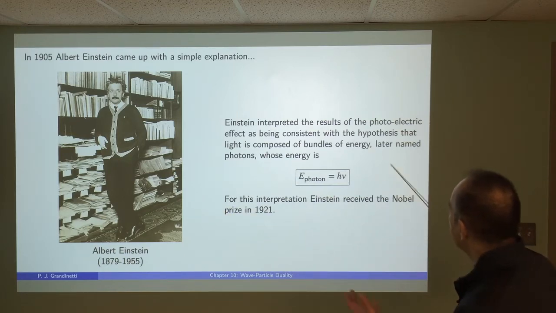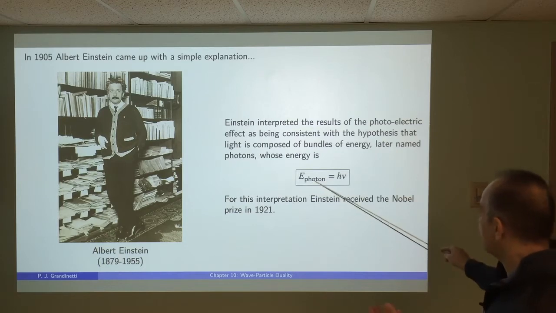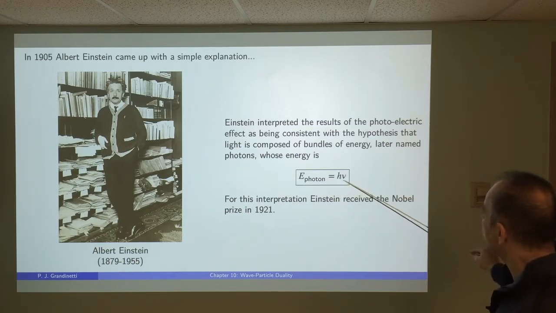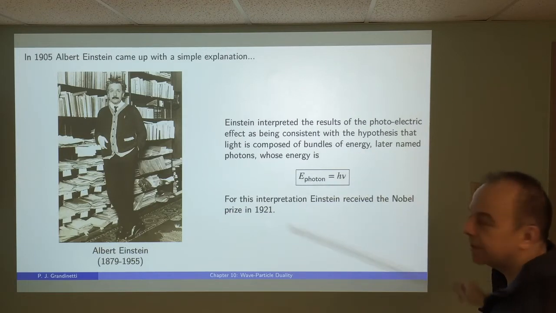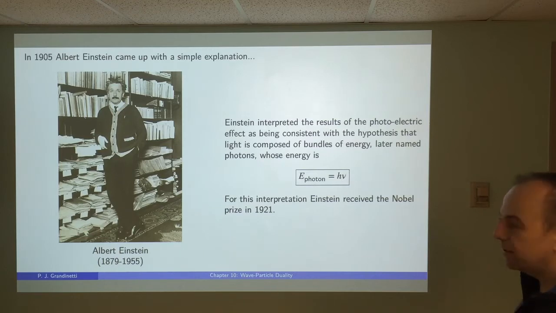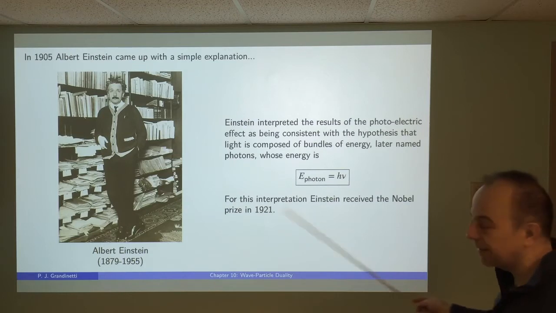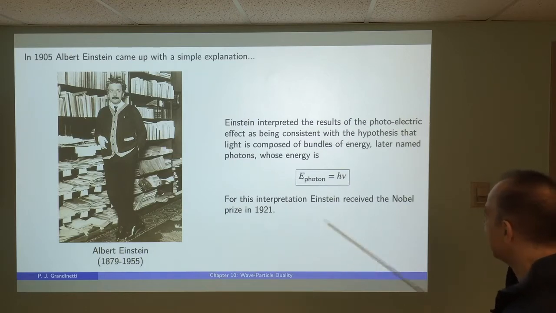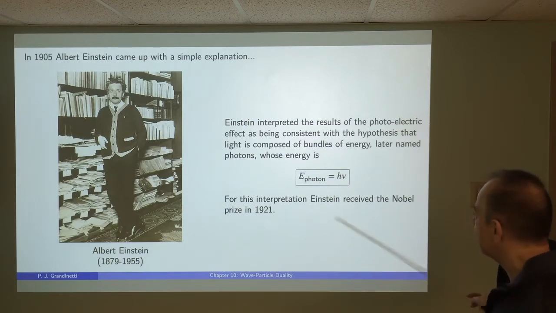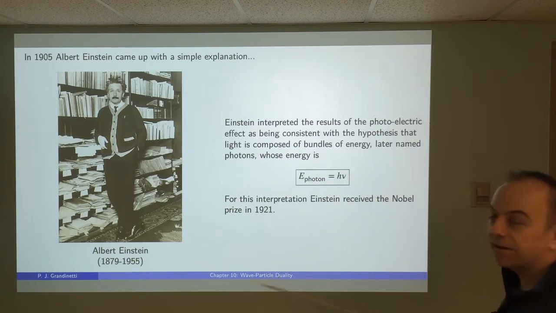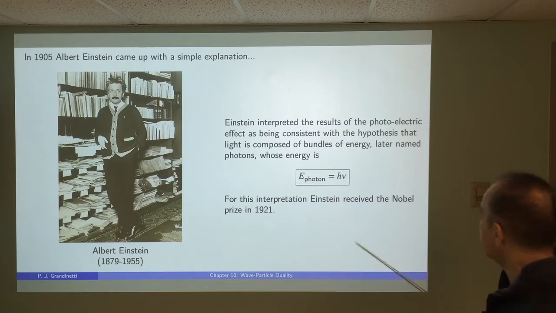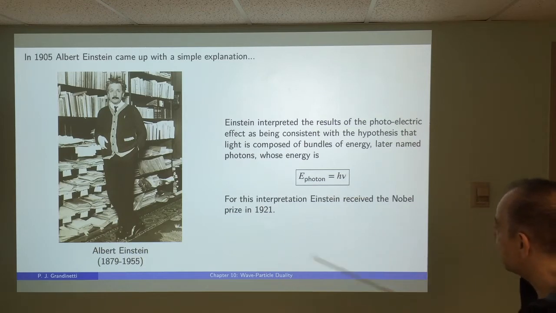But he said if these bundles of energy, which I'm going to call photons, came in bundles that are proportional to the frequency, where h is Planck's constant, then this could explain the result, that the energy was related to frequency, obviously, because that was the only thing that changed the kinetic energy of the electrons, not the amplitude. And so we see that this simple interpretation gave a good explanation for it. And actually, he got the Nobel Prize for this in 1921.